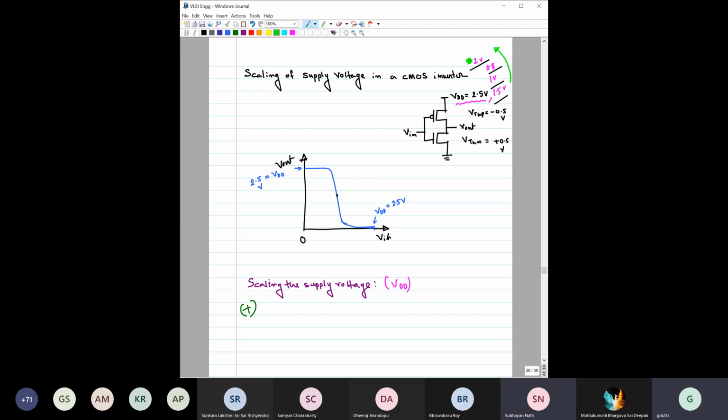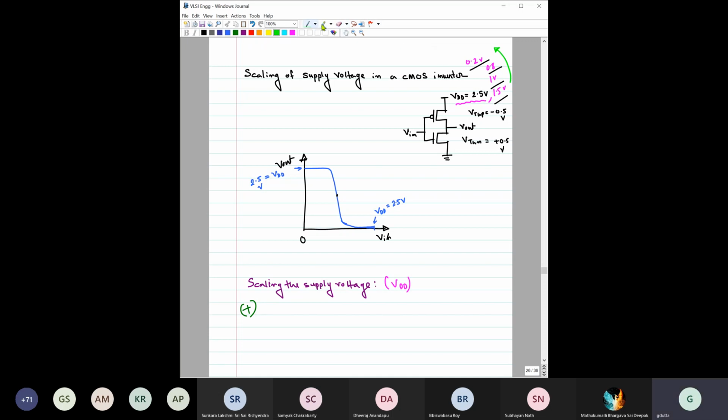So let us not even consider 0.2 as of now. Let us consider up to 0.8. So then why should we bother? Why should we decrease this VDD? Low power, very low power. Low power, right? That is one of the vital points. Because we will see that the power consumed in this type of circuit is proportional to VDD squared.